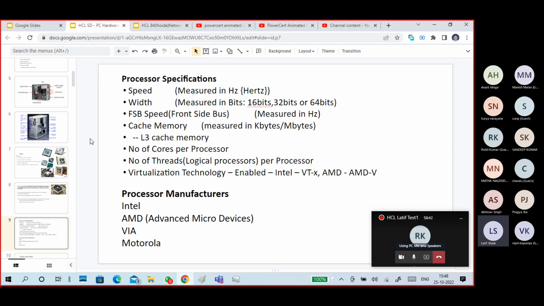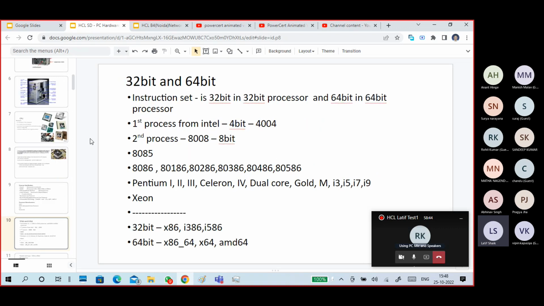What is 32-bit? What is 64-bit? That confusion is also there. You know, the first processor from Intel, the 4004, was a 4-bit processor. Then 8-bit, 16-bit, 32-bit, and 64-bit processors were released. Nowadays, almost all processors are 64-bit.